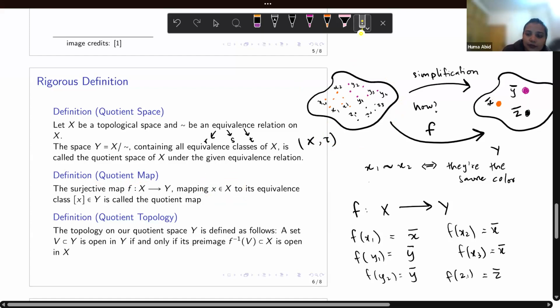So how do you define a topology on a quotient space? You take any set V in Y, and you say that this set is open in Y if the pre-image of that set is open in X, right?